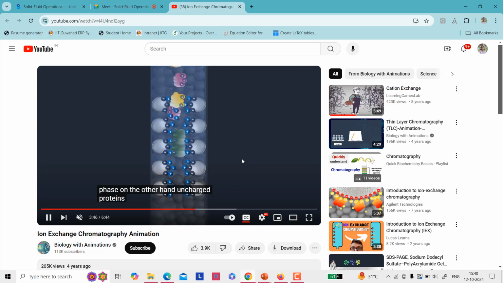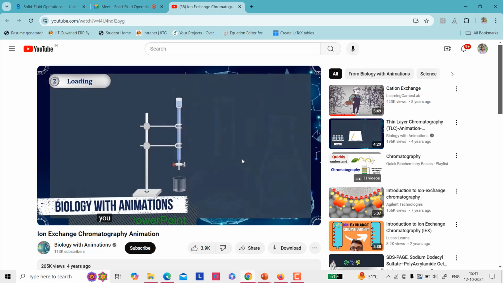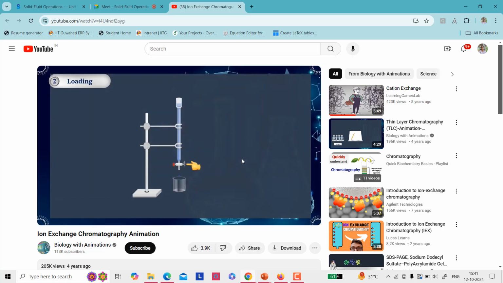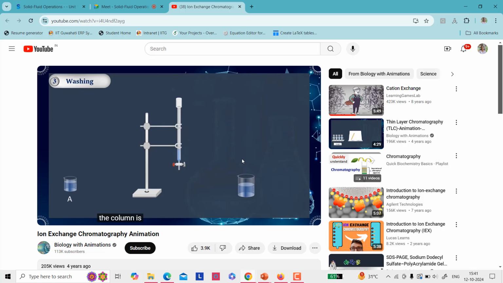Okay, so you can see. When all the sample has been loaded, the next step is column washing. The column is washed with start buffer, like this, to ensure that all non-binding proteins have passed through the column.